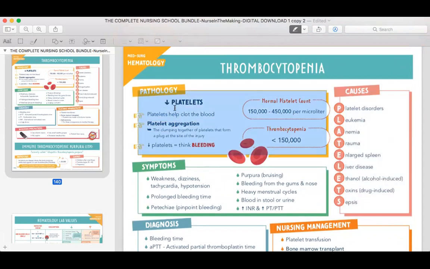150 to 400. Your platelets are 150 to 400. The way I think about it is, when you go to the store, right?